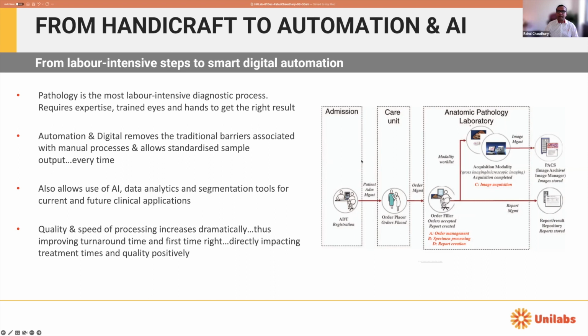And what you have here is the whole workflow of when the patient enters into the hospital chain through admissions, they go to the care units, they undergo the biopsies which are then sent to the labs. Various processes are done on it, manual and digital, and then finally the results are generated, which go back to the patient.